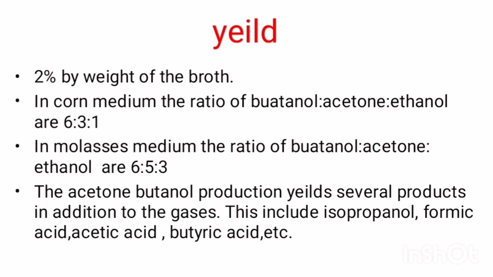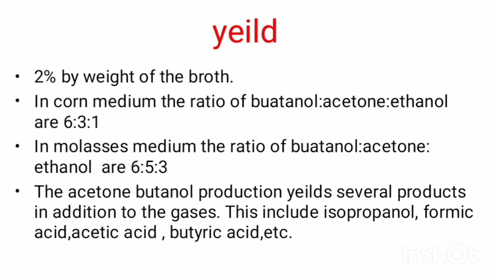Otherwise, we can say in corn medium, the ratio of butanol, acetone and ethanol is 6:3:1. In molasses medium, the ratio of butanol, acetone and ethanol is 6:5:3.